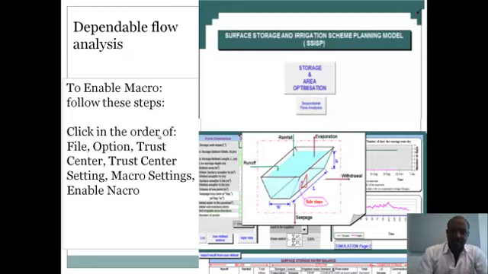Then, how can we make use of the program? First we will enable the macro part, because the Excel file is made with macro records. To enable macros is very easy, though of course different versions have different ways.